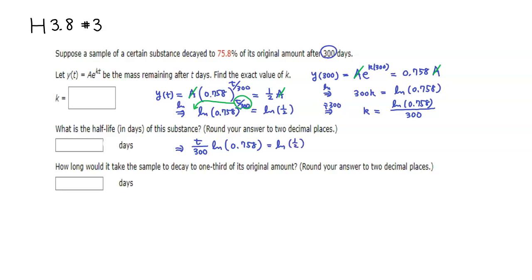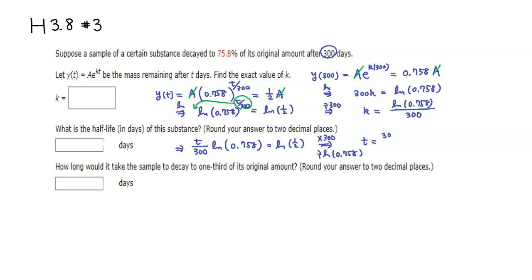Then we just have to isolate t, so we multiply by 300 and divide by the natural log of 0.758.